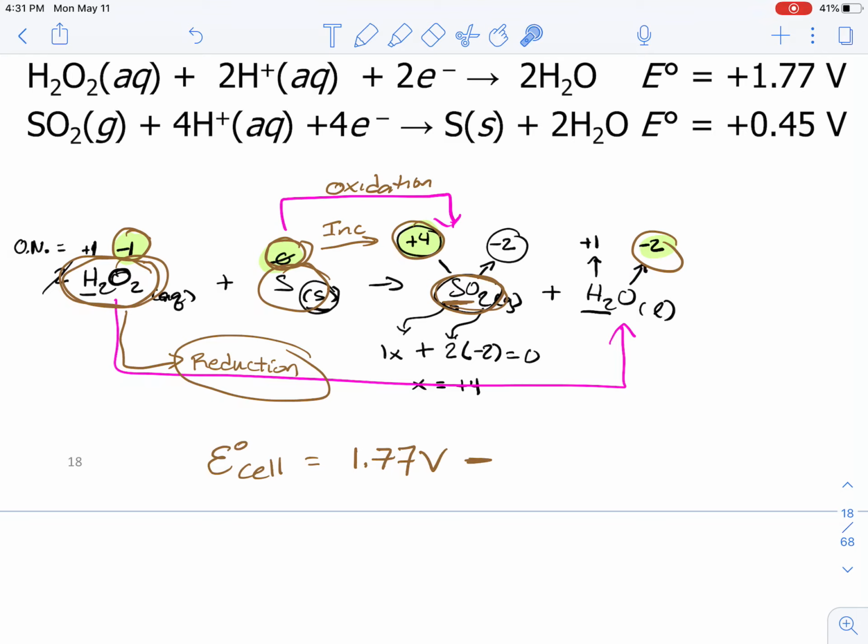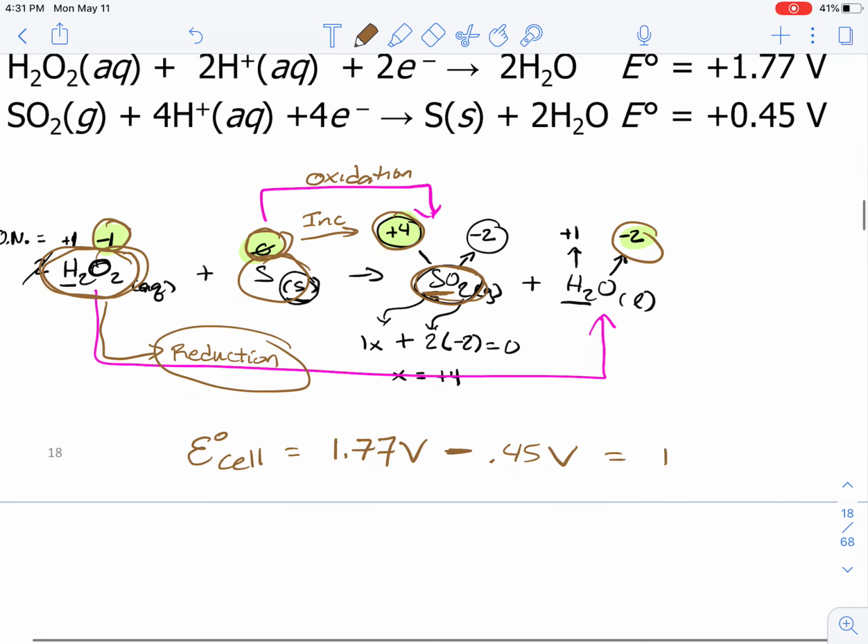However, what we're going to do is place this 0.45 volts in the very back of the equation. If we subtract those two values, 1.77 minus 0.45, that's going to give us a positive 1.32 volts.